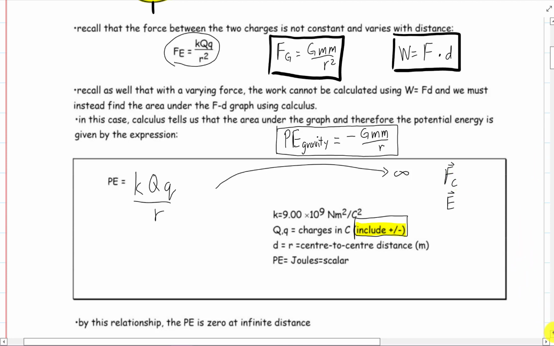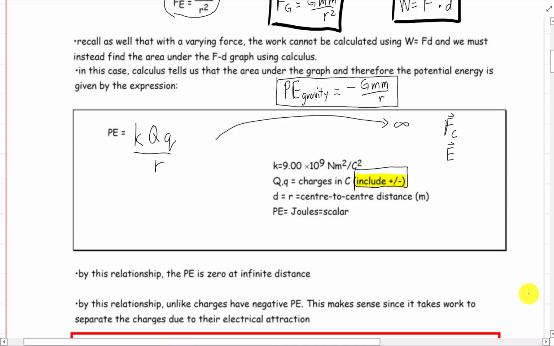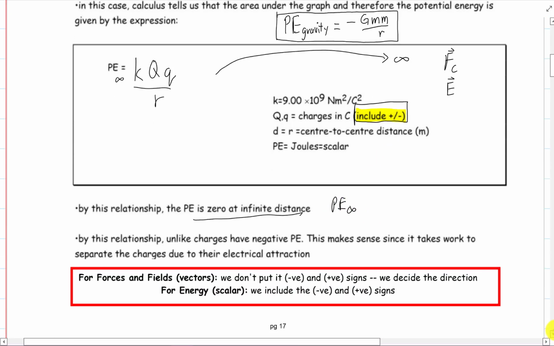Okay, kQq over r. So this is the potential energy with respect to infinity, where potential energy is 0 at infinity. And by this relationship, unlike charges have a negative potential energy, because one of these will be negative. And that makes sense because it's going to be very much like gravity.